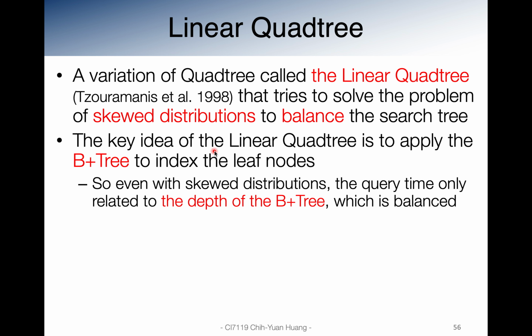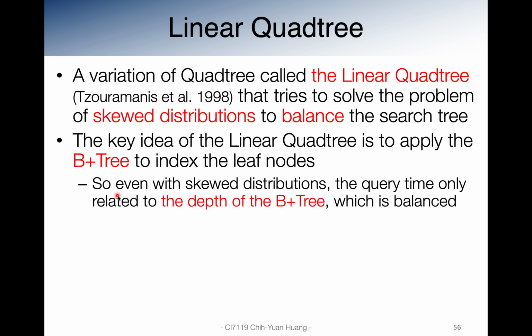So basically, the key idea of the linear quadtree is to apply a B plus tree, which is a balanced tree, and we just directly use the B plus tree to index the leaf nodes of the quadtree.